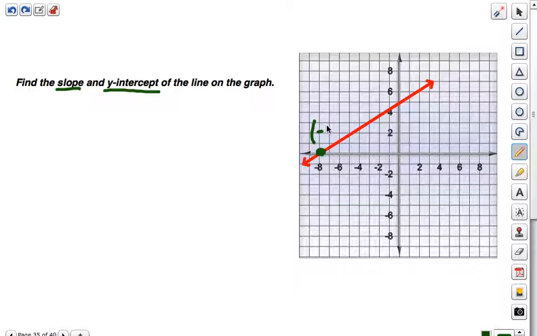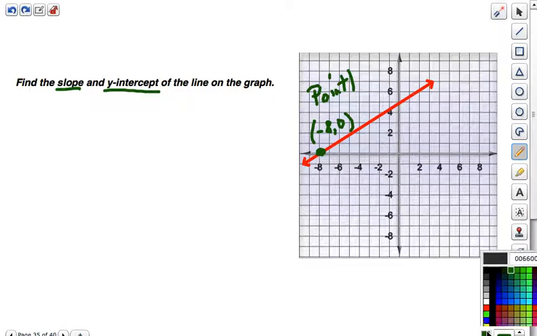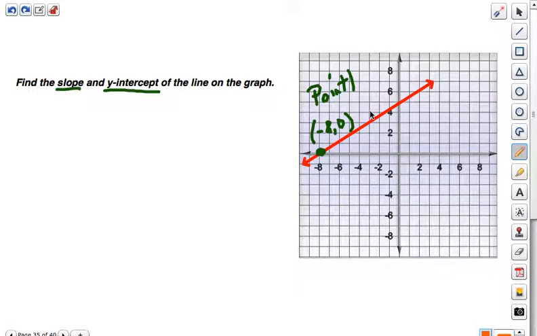We'll call that point 1. And then point 2, we'll go ahead and select this point right here.